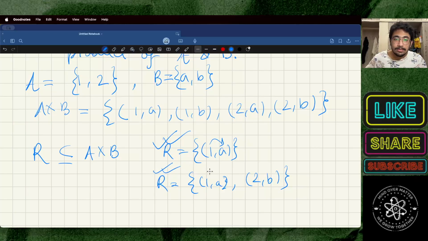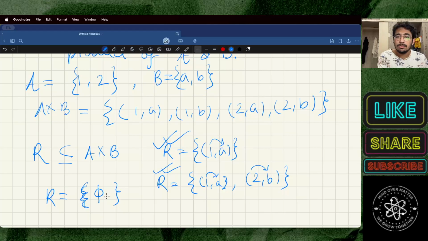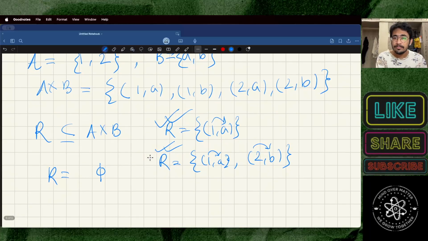This relation tells that 1 is related to a and 2 is related to b. There can also be a relation that is the null set itself, because the null set is a subset of every set. This tells that no element of A is related to any element of B.